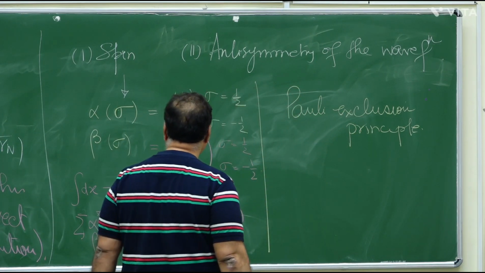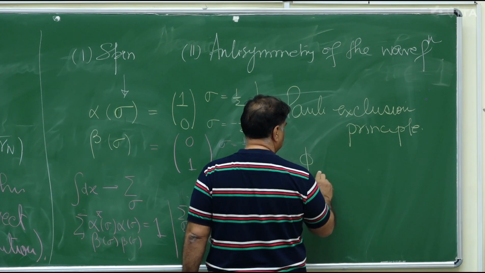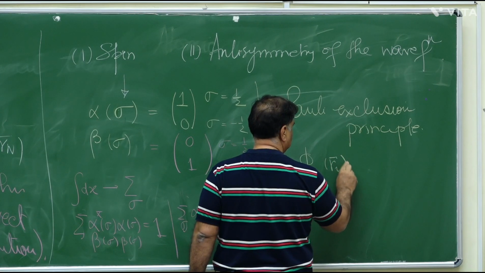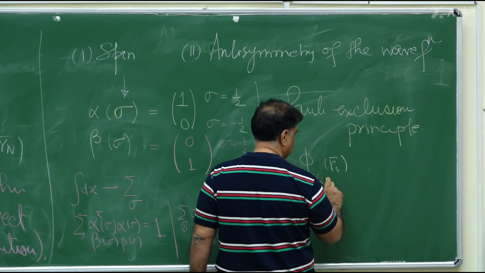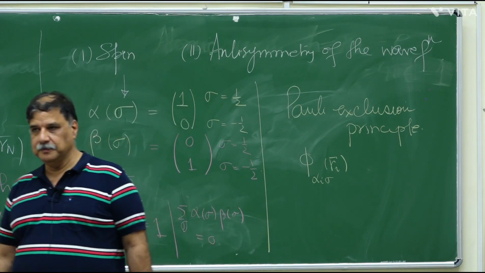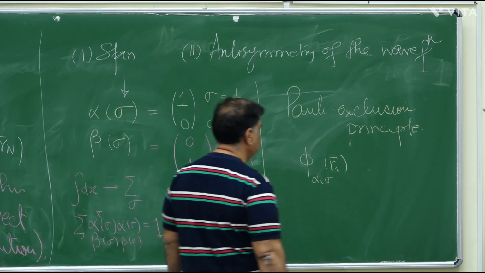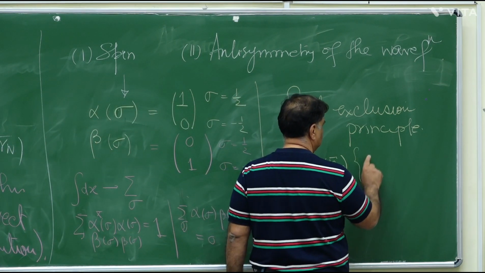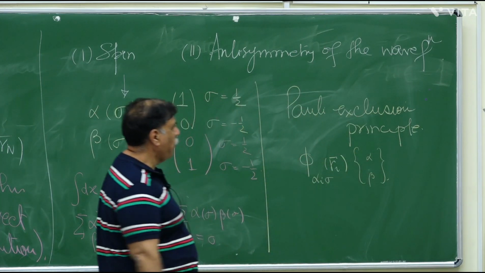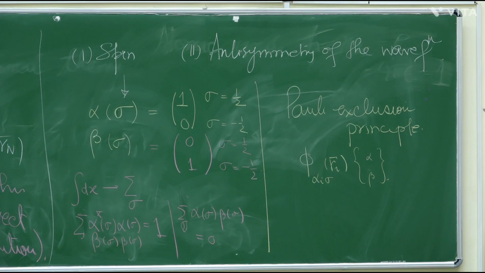So what I should be writing now is actually not this phi alpha of R_i. I should also be writing this as a function of sigma. There is a quantum number sigma and there is an associated alpha or beta.